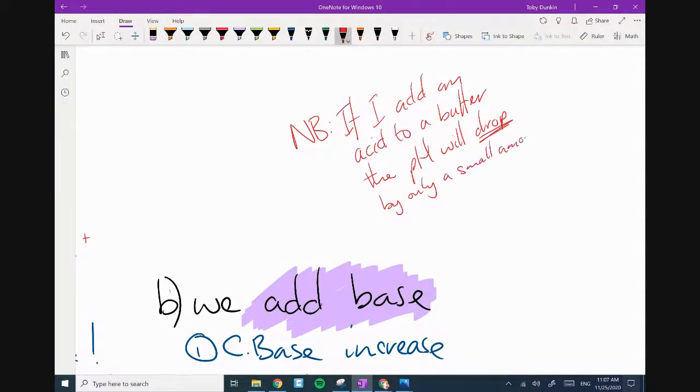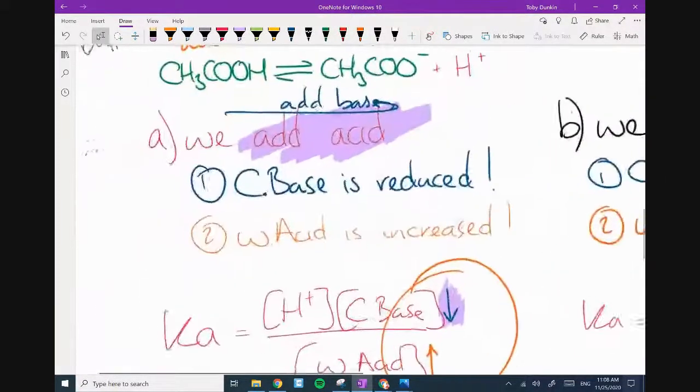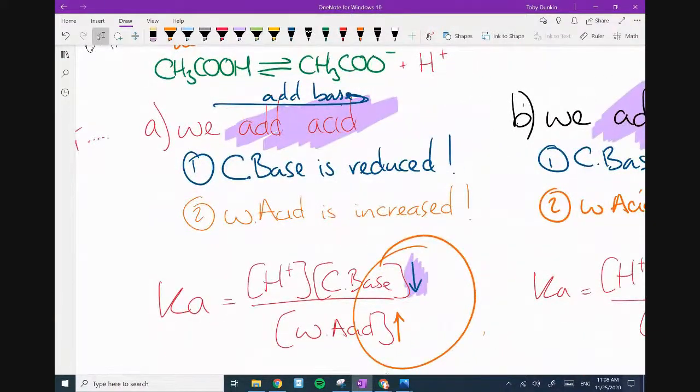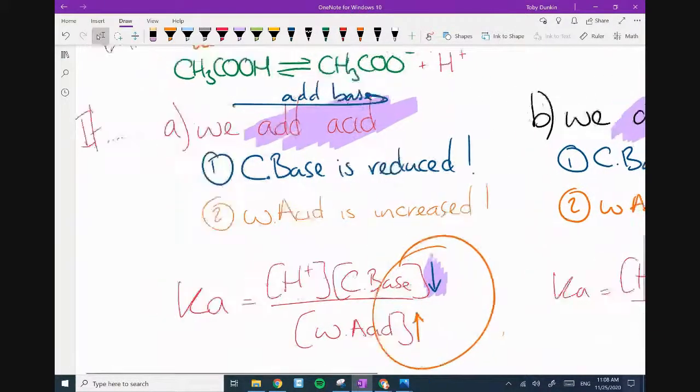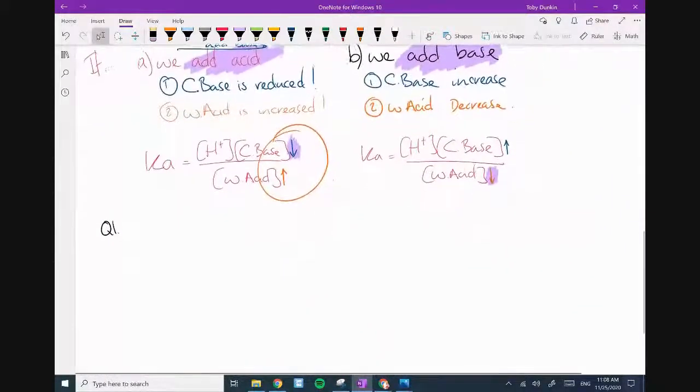The key thing, guys, what I need you to realize is it doesn't remain the same. If you add an acid, it will become more acidic. It will drop. If you add a base, it will become more basic. The pH will increase. So we can predict it. If we add an acid, the pH is probably going to drop by 0.1. If we add a base, it's probably going to increase by 0.1. Yeah, we can make these predictions.